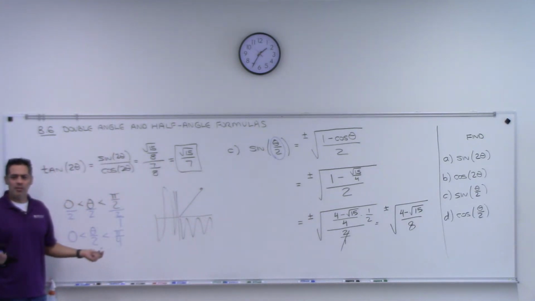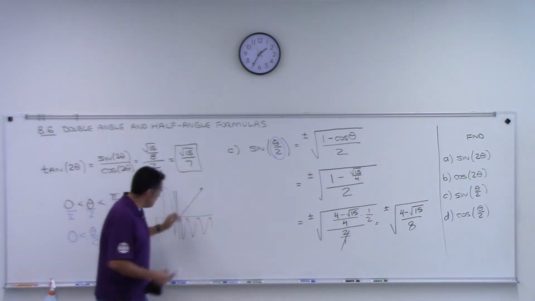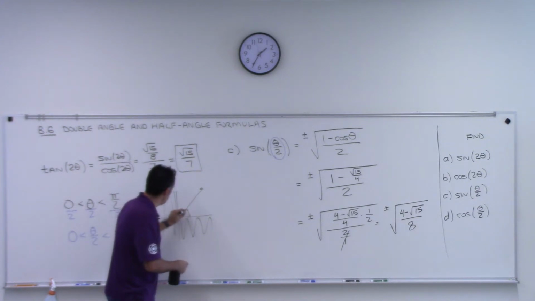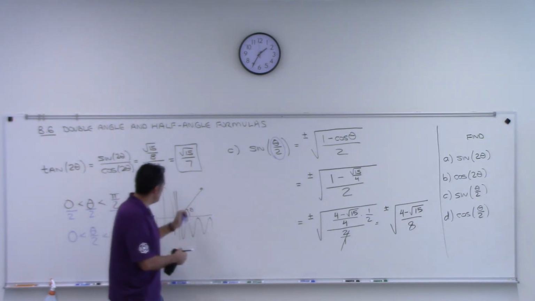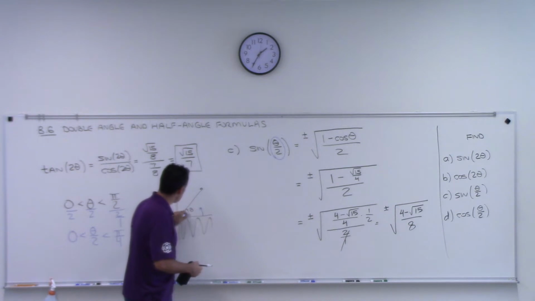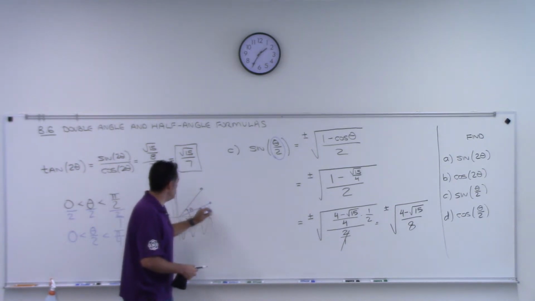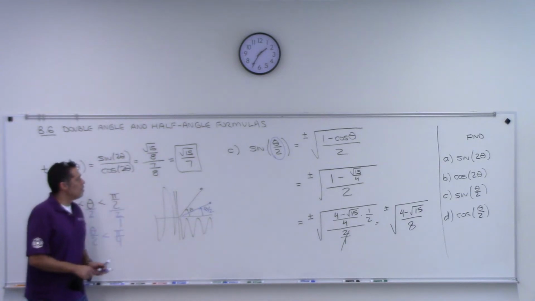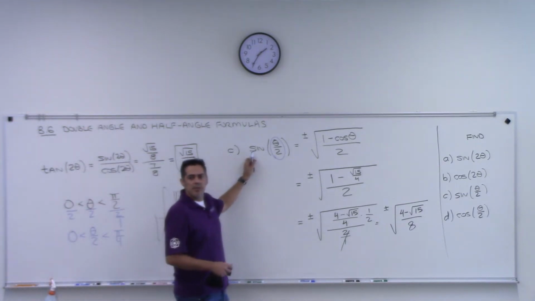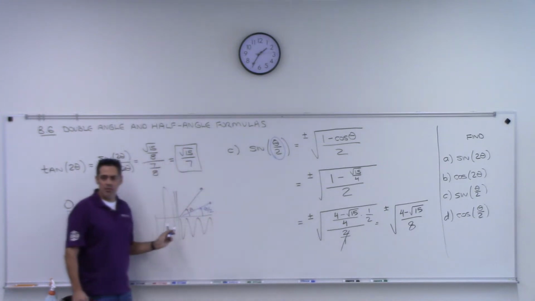That's still in the first quadrant, isn't it? So if this is theta, then theta over 2 is somewhere in here as well, right? And therefore, sine of it, the y coordinate, should be a positive number, not negative, because I'm still in this quadrant.